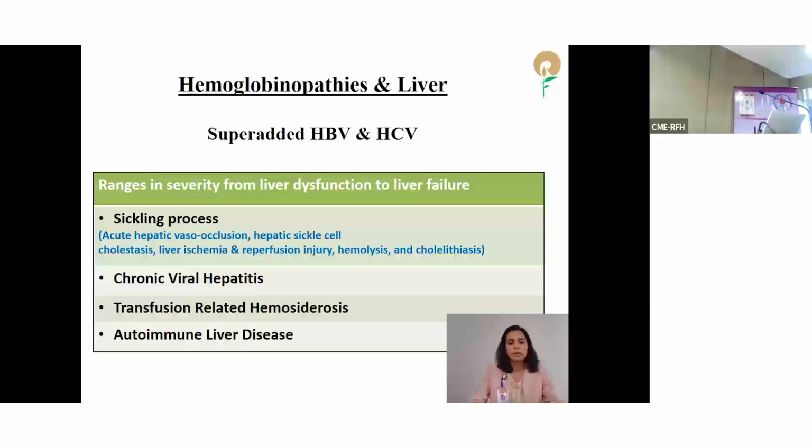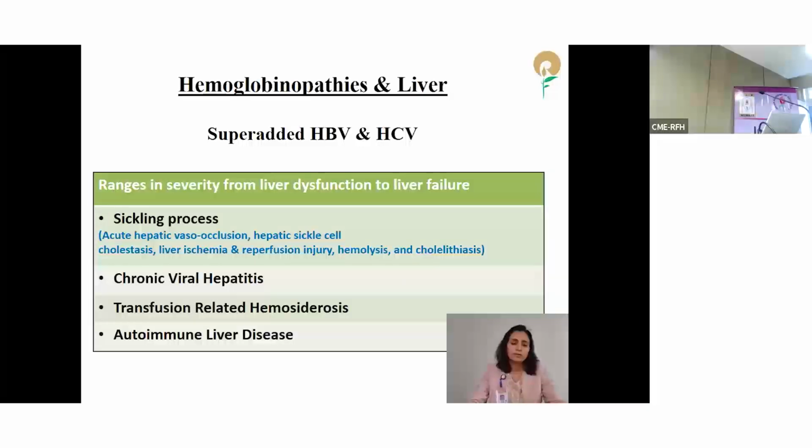For example, the liver injury in any child with hemoglobinopathies ranges from minimal or mild liver dysfunction with no clinical consequence to even someone having liver failure.